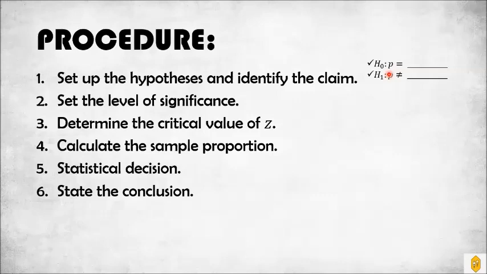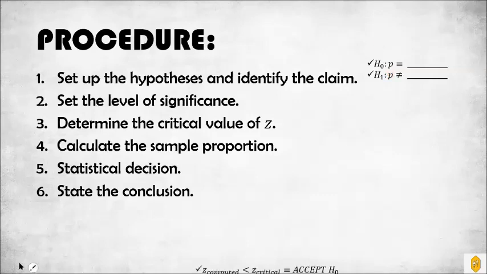But the phrases, the key terms, the symbols are all the same, katulad ng ginamit natin sa one sample z-test. Okay? Katulad nga ng nasabi ko kanina, magkakaroon lang tayo ng different interpretation sa ating problem, but the step-by-step procedure is the same.